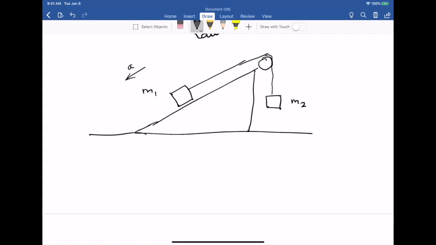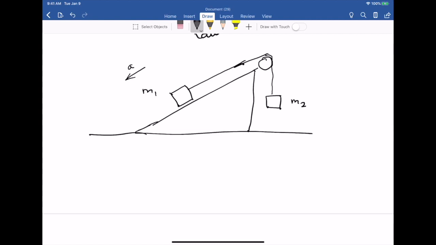We have a pulley attached to it, and there's a rope going over the pulley, and there are two masses attached on either side of the rope, and we have to calculate the acceleration of the masses. The problem helpfully gives us the direction of the acceleration. It tells us that the mass m1 accelerates down the incline, so that is helpful. So let's see how we would find the acceleration of the system here. Now you might think that you've seen a very similar problem back in chapters 4 and 5.